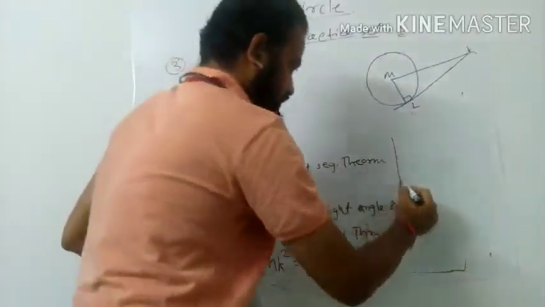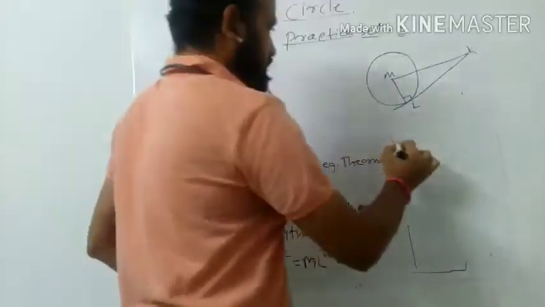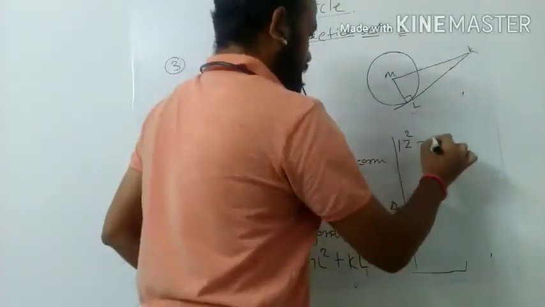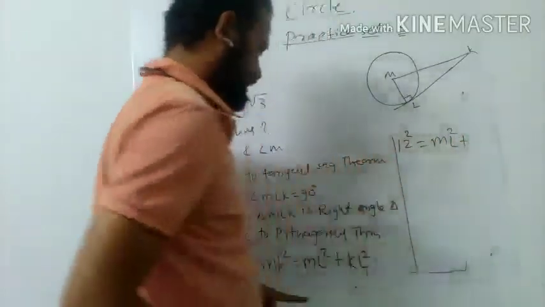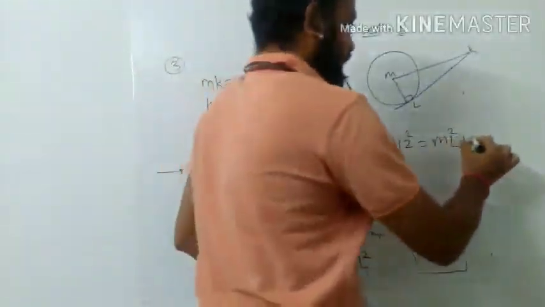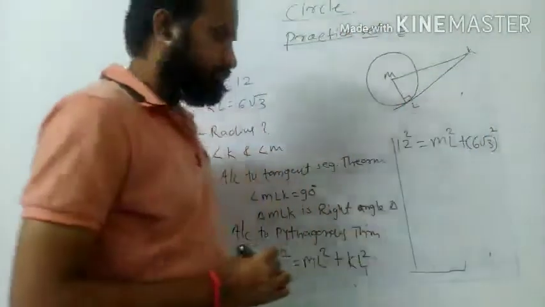And I am going to put the values here. MK is given as 12, so 12 square, which is equal to ML, the radius which I have to find out, and KL is given as 6 root 3. So I can write in brackets (6 root 3) whole square, isn't it?